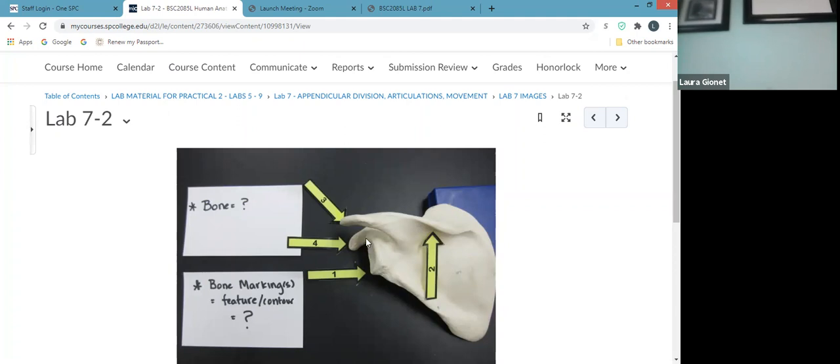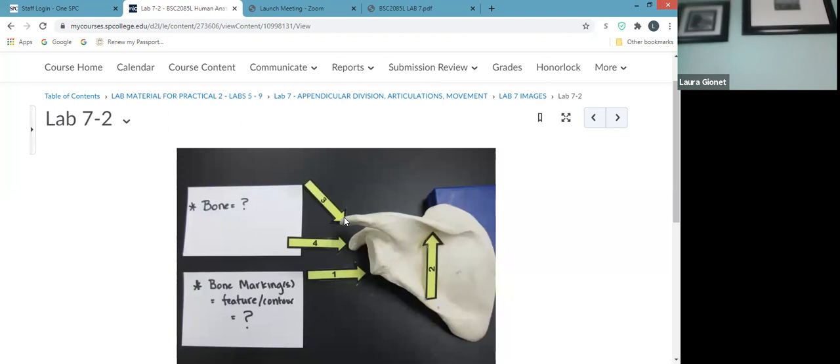And then this indented region, this scooped out region like a saucer, is your glenoid fossa or cavity. So number 1, the glenoid fossa or cavity, functions as an articulation. Number 2, the spine of the scapula, functions as a muscle attachment. Number 3, the acromion, functions primarily as an articulation to form the acromioclavicular joint.